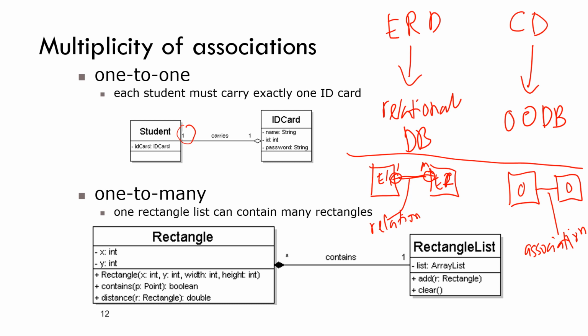Can you understand? Yes, same. We have direction, cardinality, relationship, and attributes. But in the OO we have operation. In ER we do not have the operation or method.